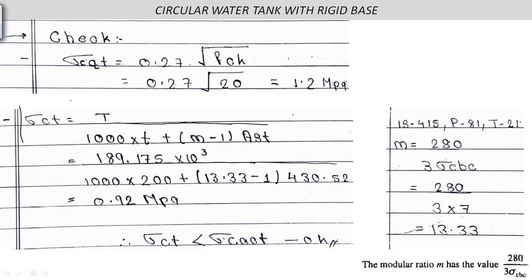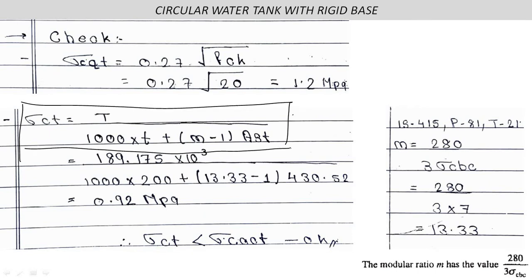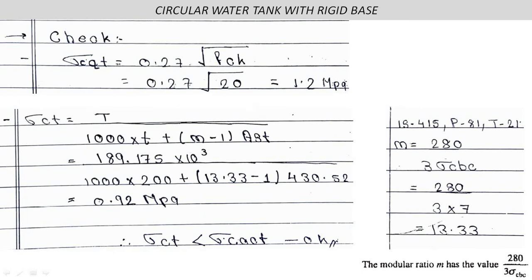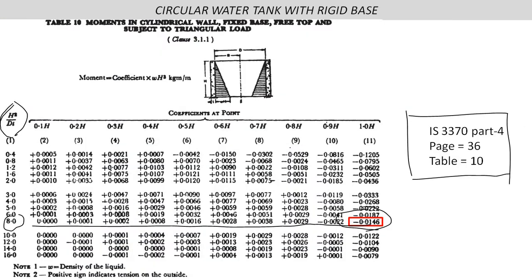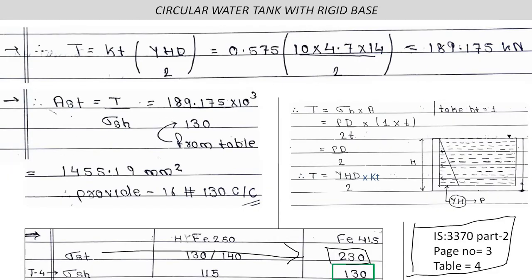Next, we will find the value of sigma CT. The formula for sigma CT is standardized, and we have to remember this formula, which is also not provided in the code. The formula for sigma CT is capital T upon 1000 into t plus m minus 1 into capital AST. The value of capital T we have already found, which is 189.175 kilonewton.